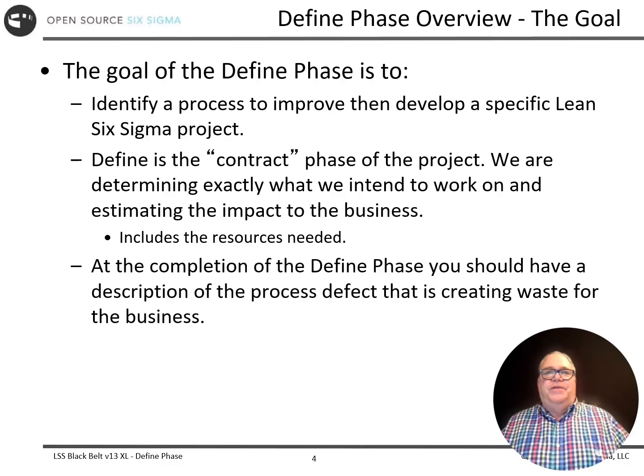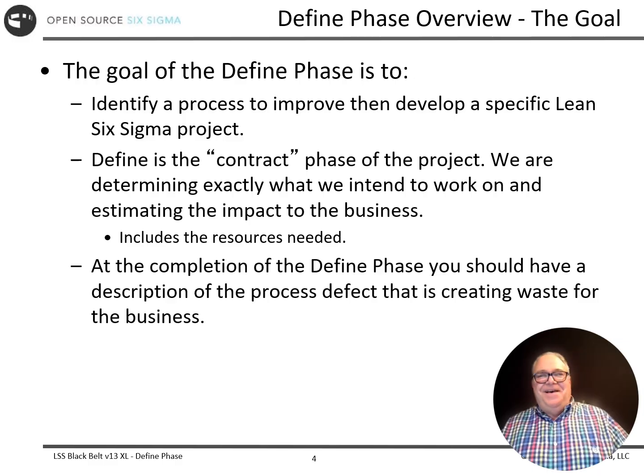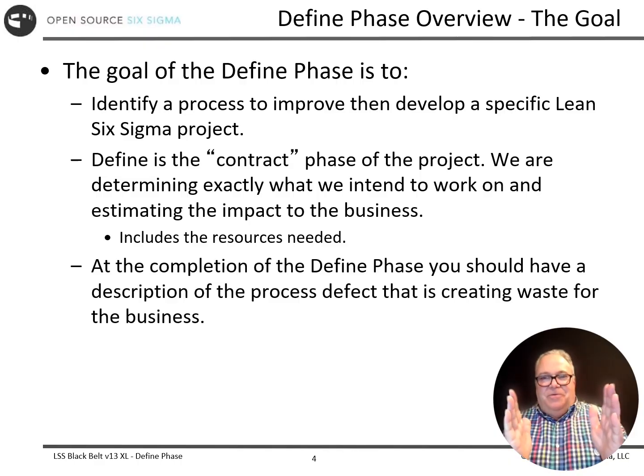All right, so here are a few of what I think are some good goals for the define phase. We're going to identify what is the process that we're going to improve. So again, we're using your business case and tree diagrams. What is the very specific high-level piece of the flow that we're going to go after?